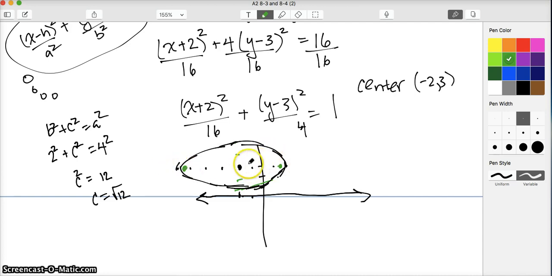And so now I need to figure out what the coordinates are. I'm going to use the center to give me what my y value is going to be, because I'm not moving in my y direction. So one of my foci will have a y coordinate of 3. In fact, both of them will. But now I've got to figure out what this x value is. And this value is going to be the center's x value plus the square root of 12.